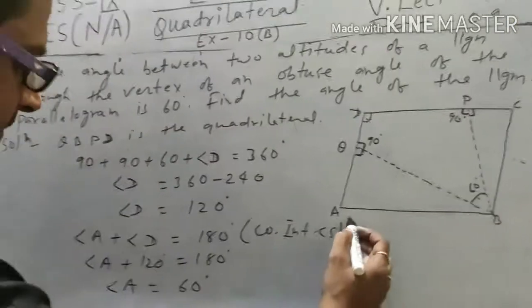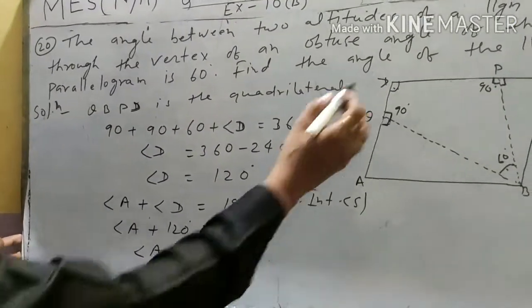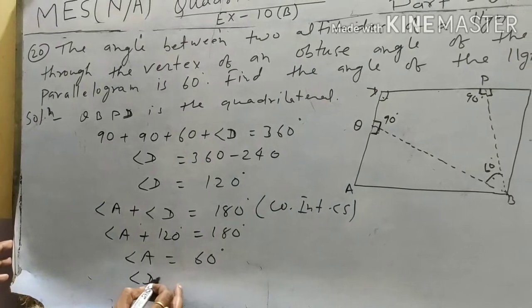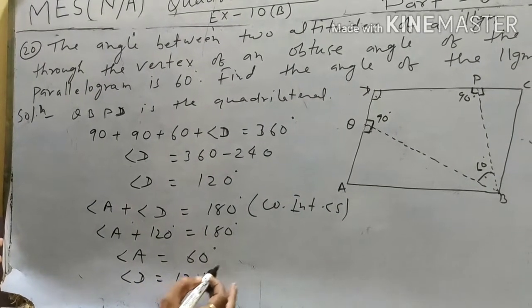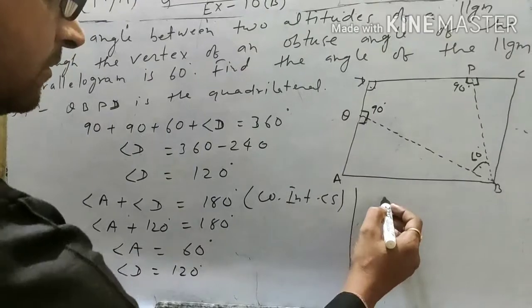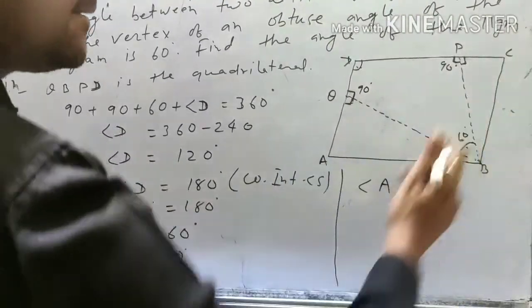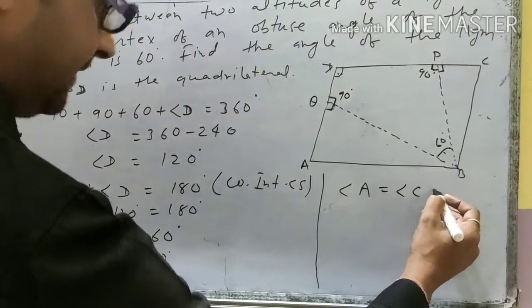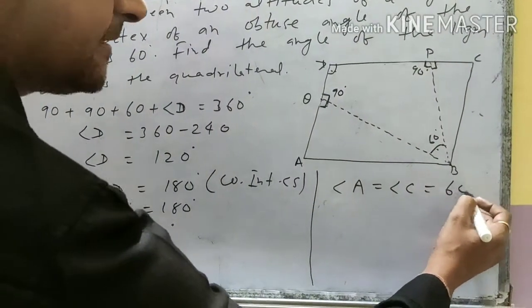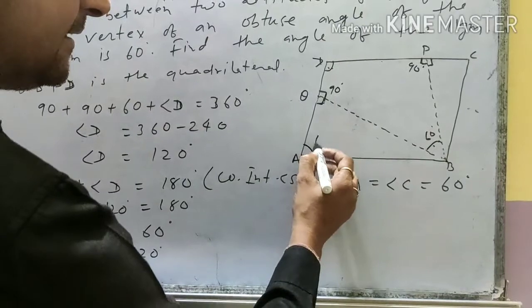So here, student, we have two values, angle A is equal to 60 degree and angle D is equal to 120 degree. And we know the property of parallelogram, angle A is equal to angle C is equal to 60 degree.